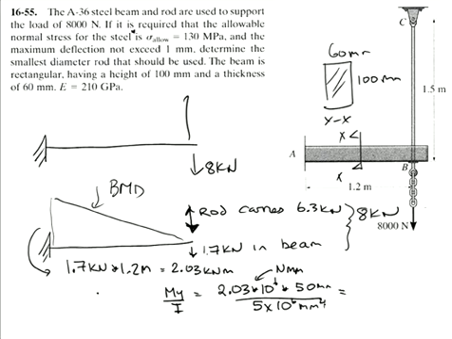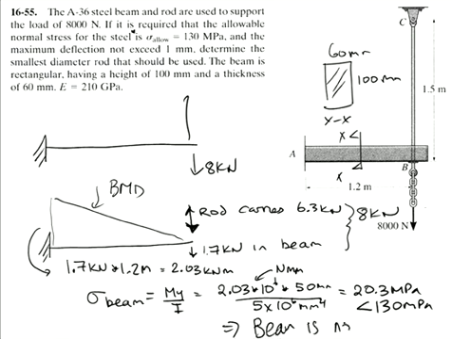That gives me a stress in the beam equal to 20.3 MPa, which is less than 130, so therefore our beam is okay. So our beam's not overstressed, our rod's not overstressed, we're deflecting less than 1 mil, and that is the problem solved. Any questions?